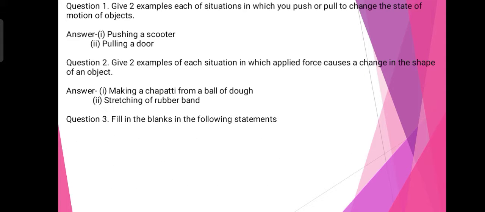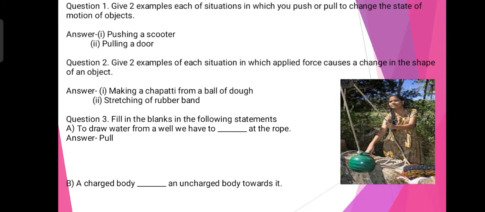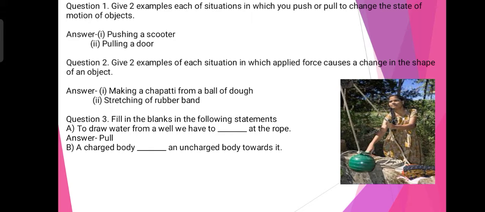Question number 3. Fill in the blanks in the following statements. A. To draw water from a well, we have to pull the rope. B. A charged body attracts an uncharged body towards it.